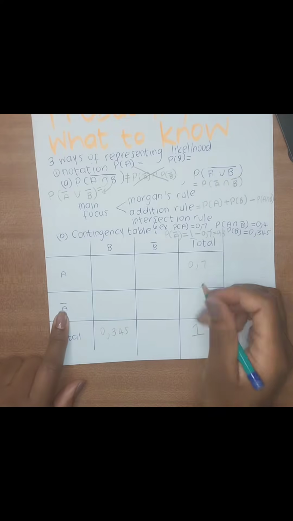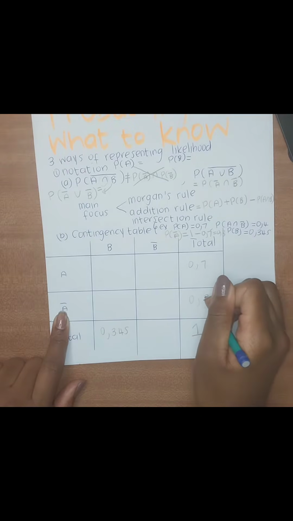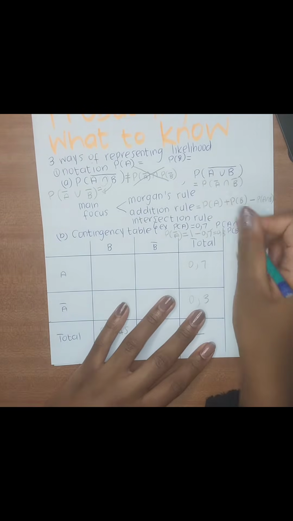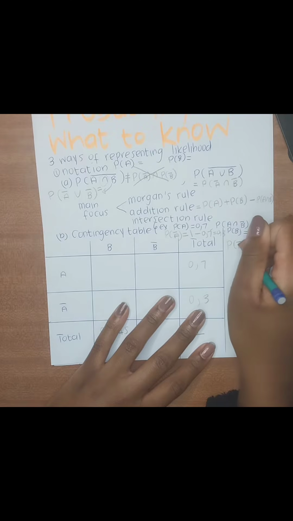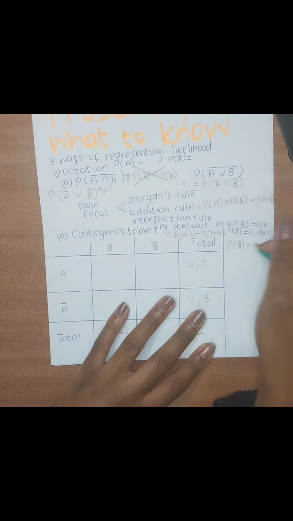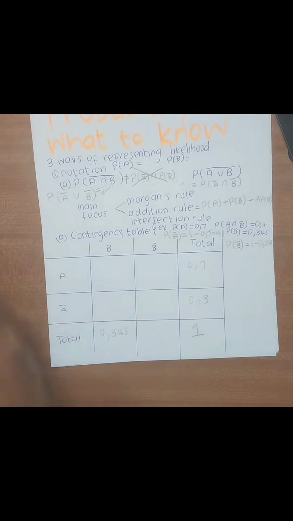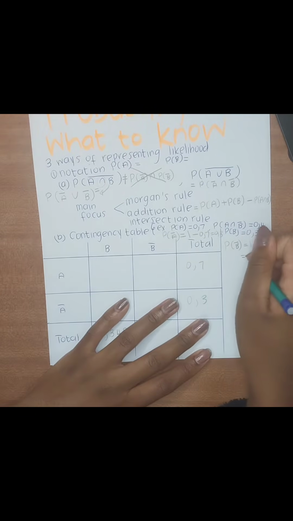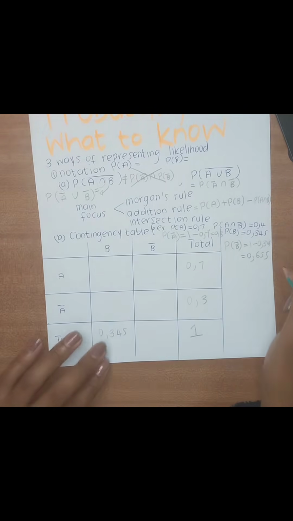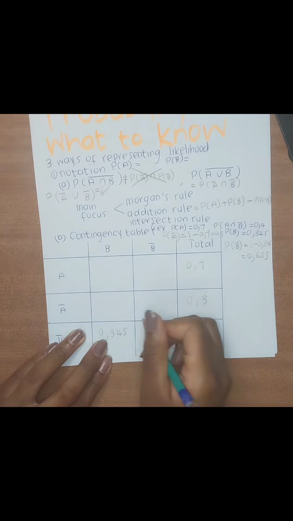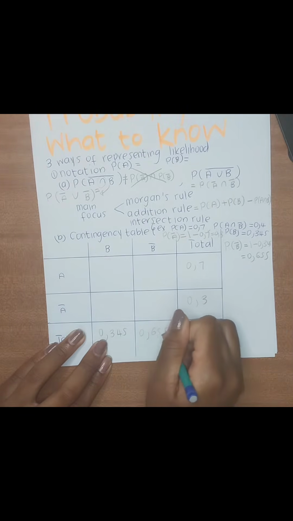So at not A, I need to put 0.3. Easy, right? The probability of not B, which is the complement of B, is going to be 1 minus 0.345, which is 0.655.